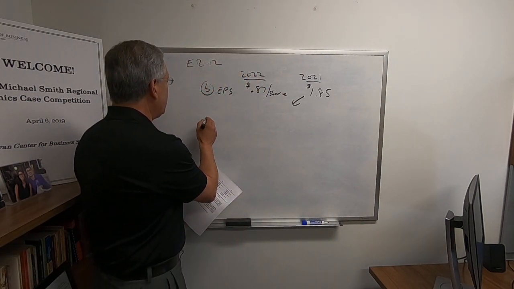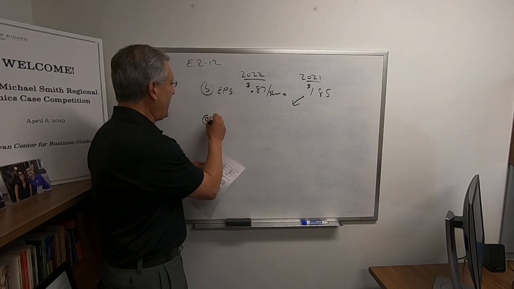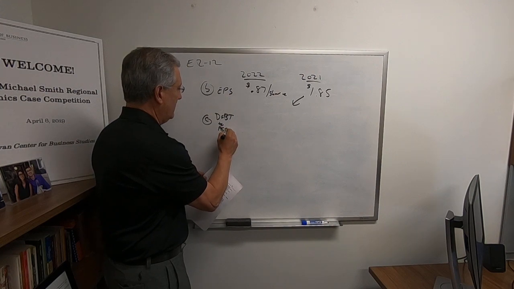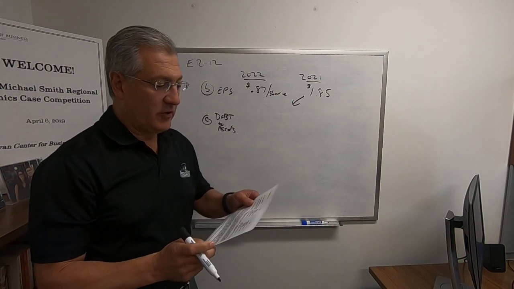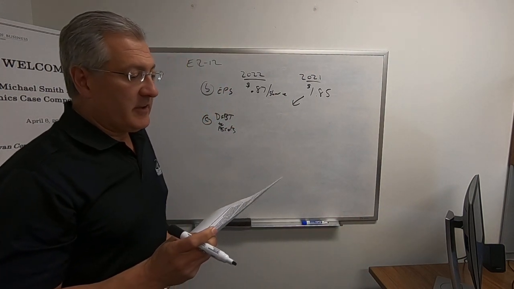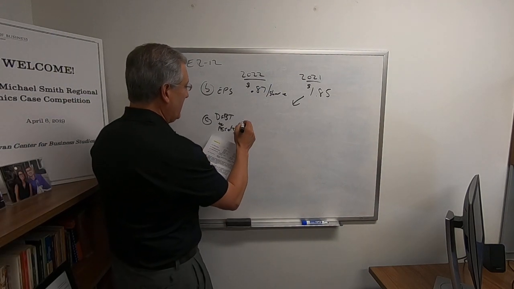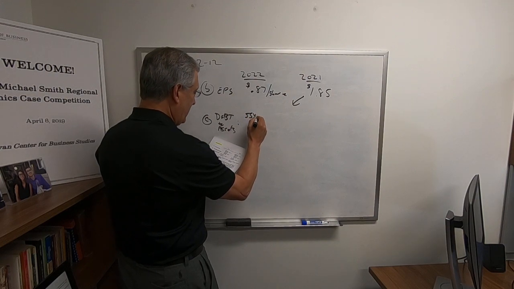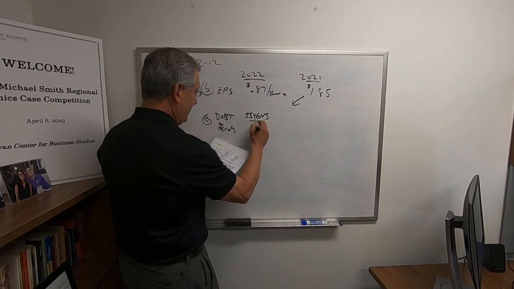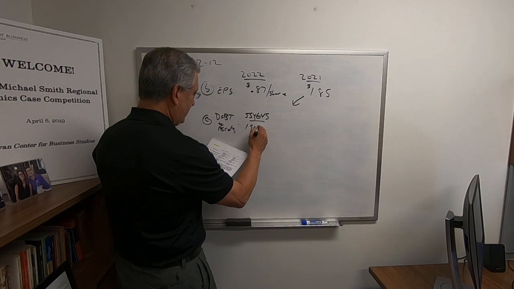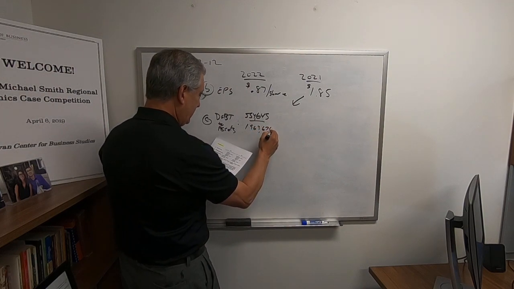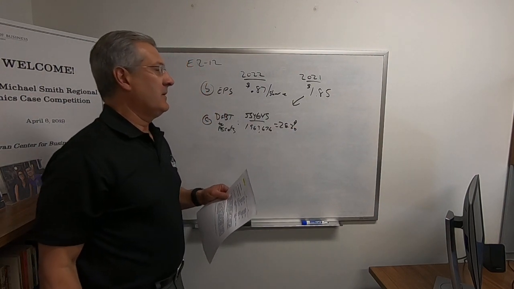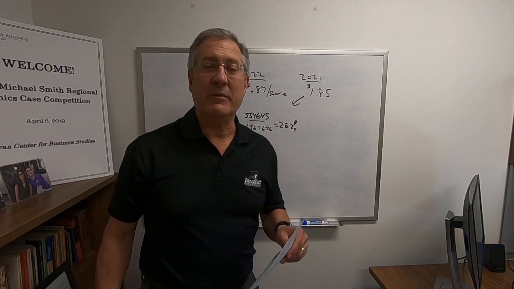So item C is asking for your debt to assets, where you're going to take your total liabilities and divide it by your total assets. So in 2022 you had 554,645 divided by 1,963,676, 28.2%.